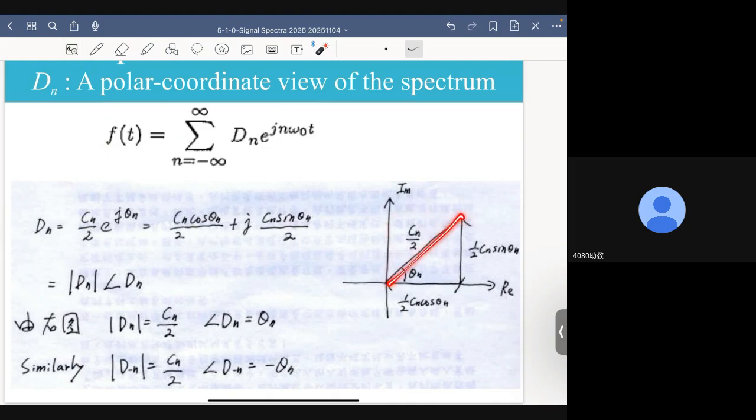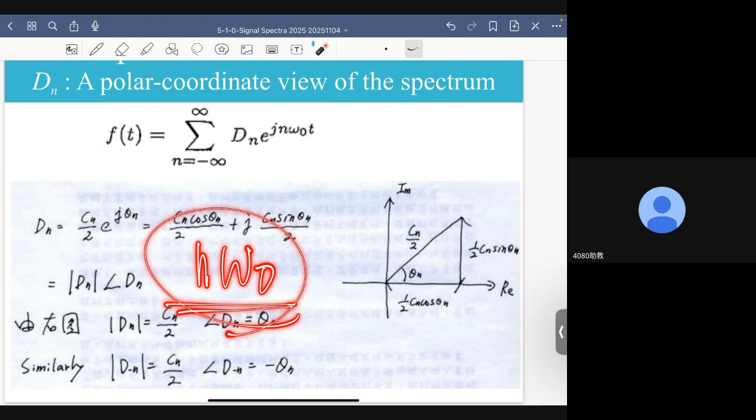Similarly, from this right triangle, this angle is theta, which is the phase spectrum, the phase associated with the n omega 0 frequency component.